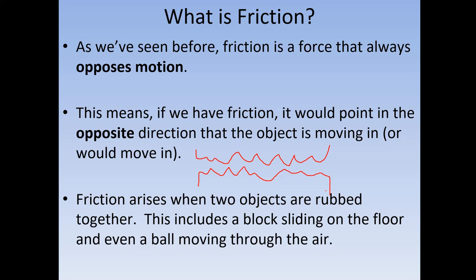The bigger those bumps, the harder it is to rub these two surfaces together. The smaller these bumps or the smoother those two surfaces are, the less friction you have. So that's pretty much where it's coming from. It's coming from the bumpiness, the rigidness of the bumps coming together and rubbing against each other.